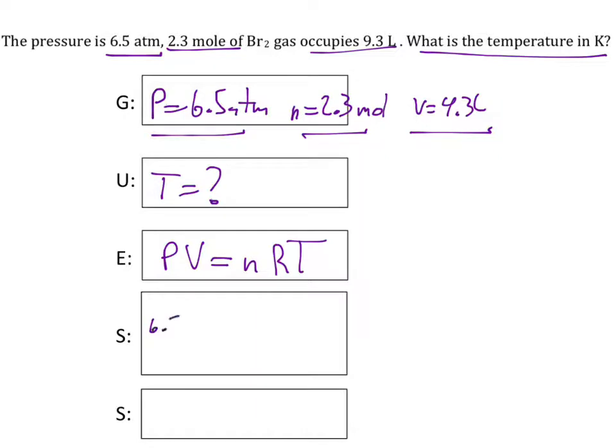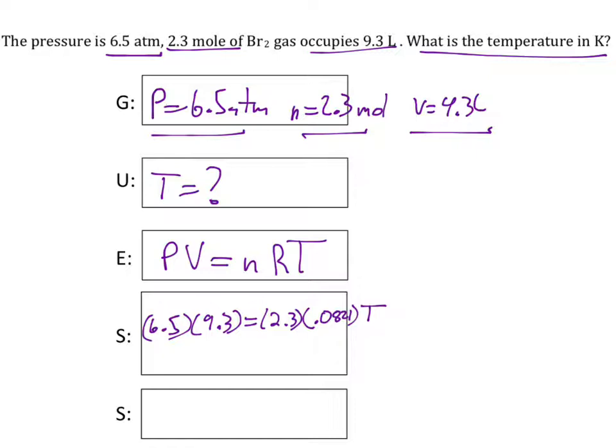So we have 6.5 times 9.3 equals n, which is 2.3, times R, which is a constant, which is 0.0821. Make sure you add that 0. And then we multiply it by T, which is our unknown. That's the thing that we're looking for.